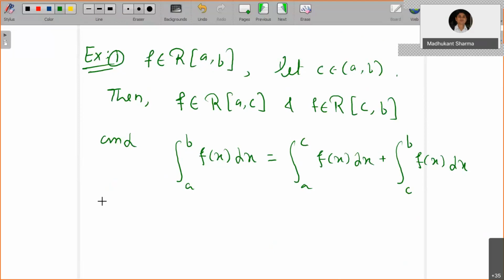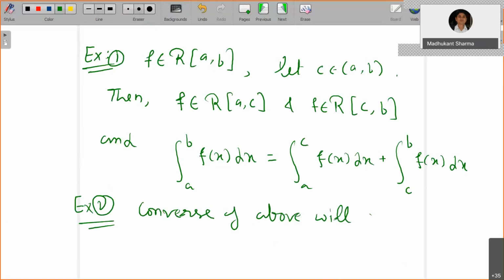So exercise 2 is that the converse of the above will also hold true. It means if f is Riemann integrable over the interval a to c, and f is Riemann integrable over the interval c to b, where c is a point between a and b, then that function is Riemann integrable over the entire interval a to b.